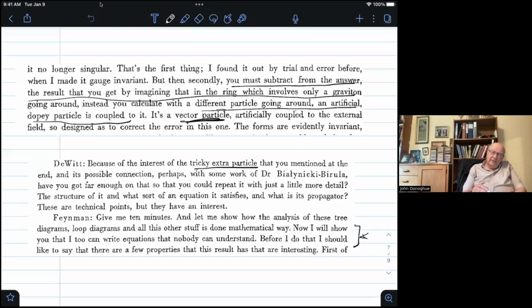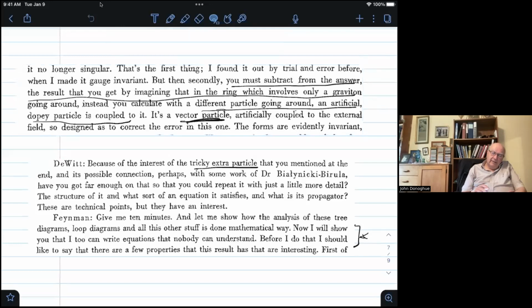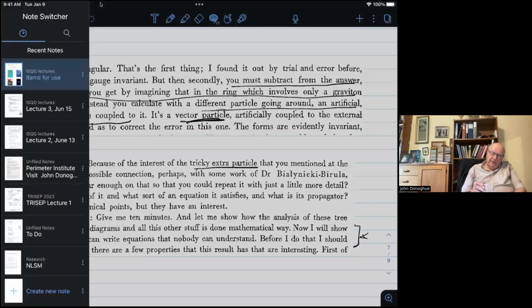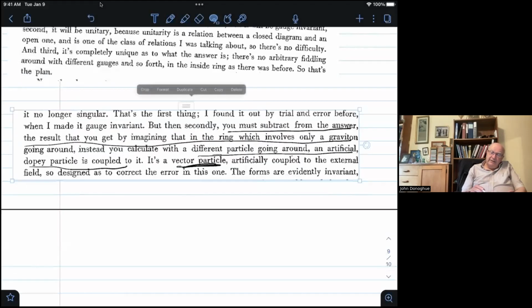Here's the solution. His solution is that to make it gauge invariant, you subtract from the answer loops, rings as loops, that also add a little different particle going around, an artificial dopey particle, which is now what we call ghosts.